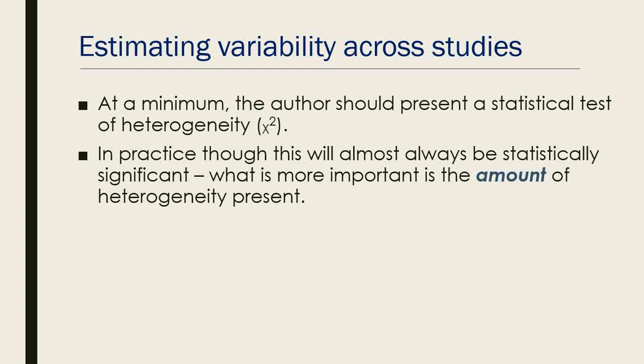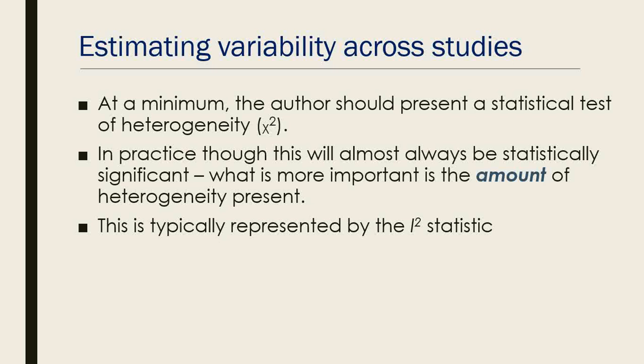And for that reason, they would advise people not to bother with a formal test because we're going to find heterogeneity. And what is more important, in fact, is the amount of heterogeneity present. Now, this is typically represented by the I-squared statistic.